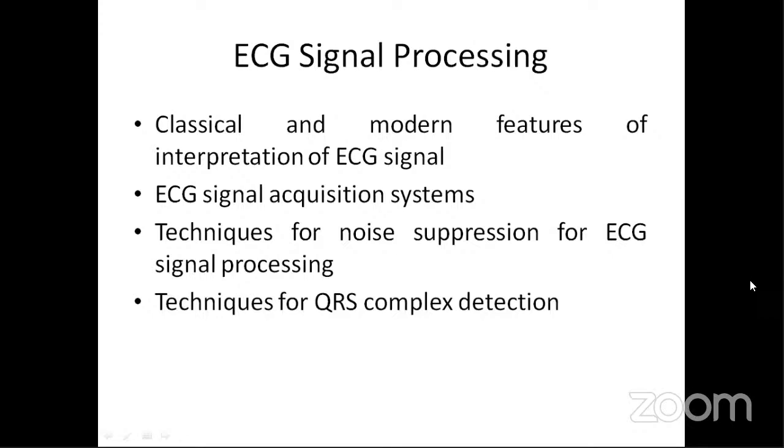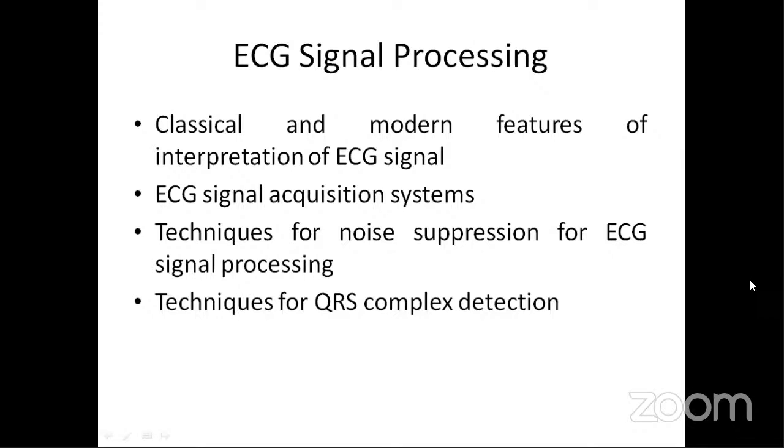Through the naked eye, not all ECG waveforms can be identified with abnormalities. So while doing processing, we have to consider some steps to get a better quality, accurate and reliable ECG signal.